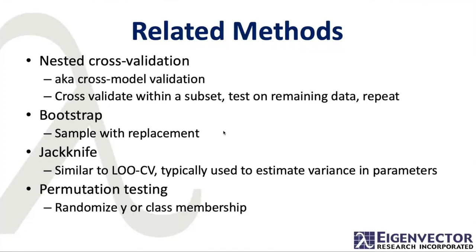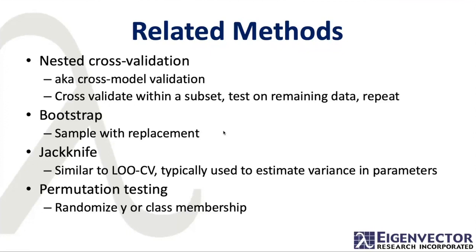Jackknife is similar to leave-one-out cross-validation, typically used to estimate variance in the parameters. And in fact, from the command line, you can use our cross-val functions to do jackknife and also permutation testing.